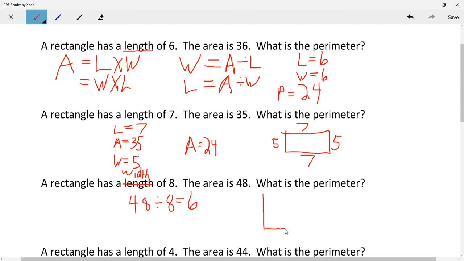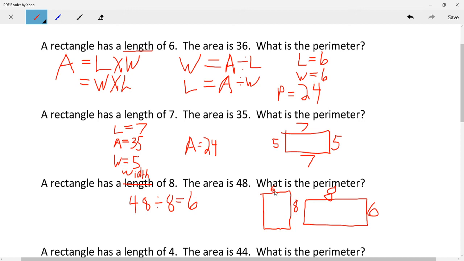Because if I were to draw these two, and I were to say 6 and 8 and 8 and 6, these are the same rectangles, right? Obviously, I didn't draw them to scale, so they don't look exactly the same, but let's just say they are exactly the same size, and one of them has 8 as the length and 6 as the width, and one of them has 8 as the width and 6 as the length.